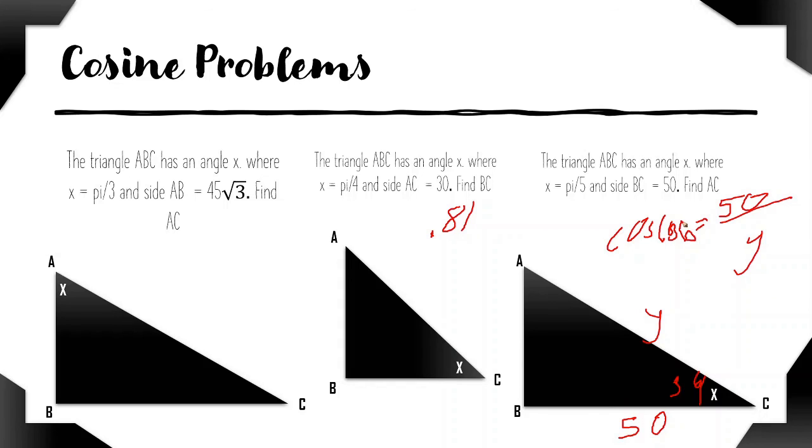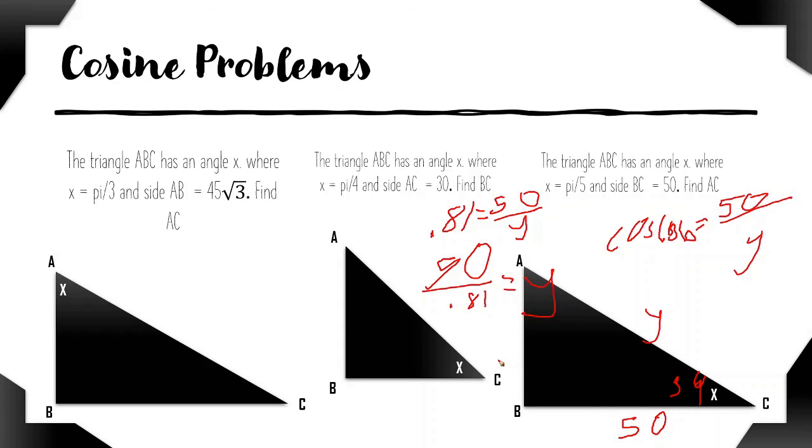And therefore, that would equal 50 divided by y, and we get 0.81 equal to 50 divided by y, and we can simplify that even further by getting 50 over 0.81 is equal to y.